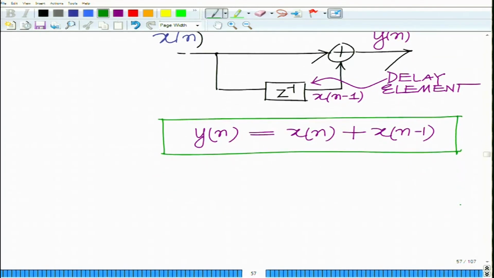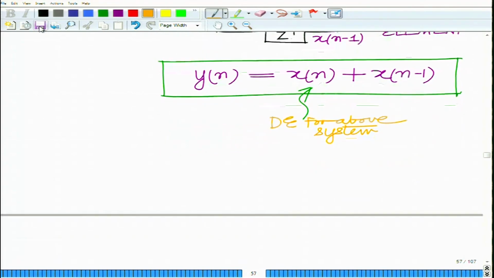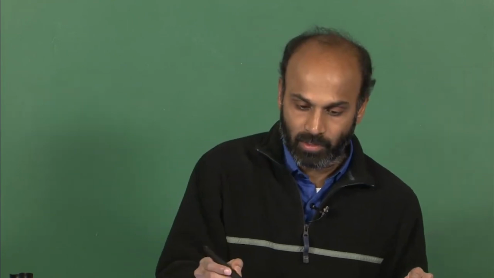This is the difference equation that describes the above system. Now, the impulse response is basically the response of the system to an impulse. So, we set x of n to be the impulse delta n, and then we find the response or the output of the given LTI system, and that is very simple.